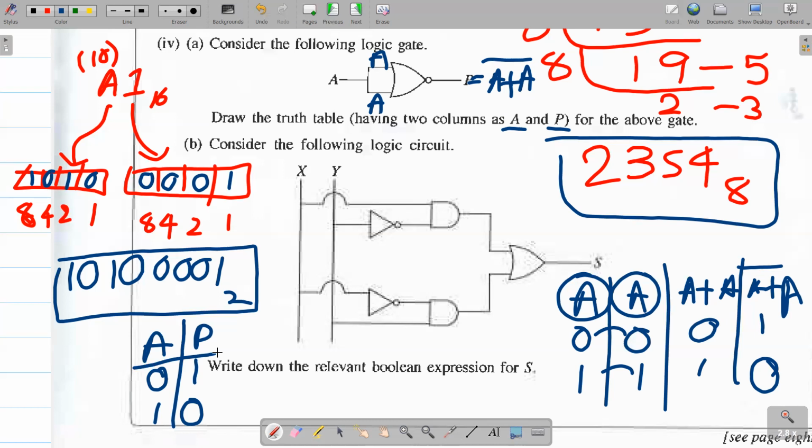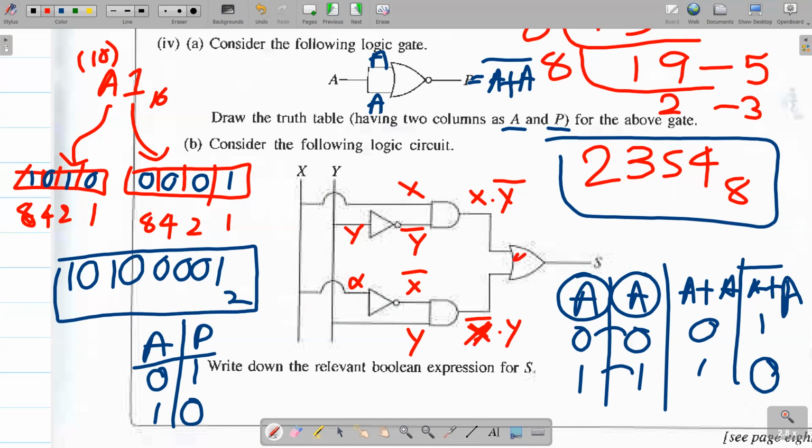And it says consider the following logic circuit, write down the relevant Boolean expression for S. Oh yeah, it's easy. Here comes X, here comes Y, and this is Y bar, and this will give you X dot Y bar. And this is X bar, so here you have X, and this is Y. So X bar dot Y comes from here.